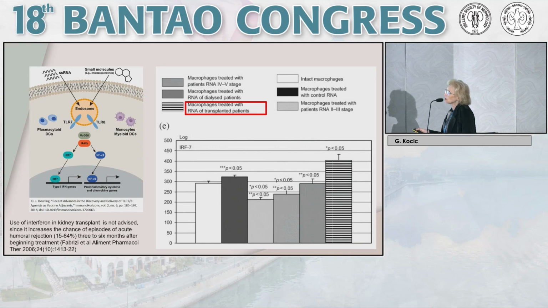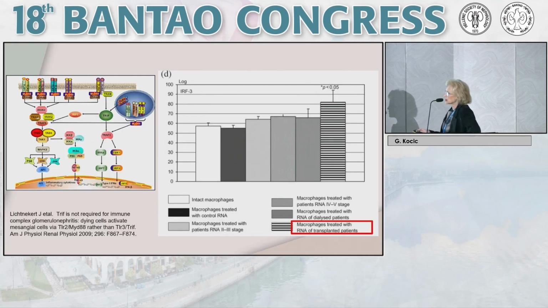At first sight, we thought it was very good, but when we found some literature data, we found that patients have already been treated with interferons, but the effect was not as expected because they induce some humoral rejection of the allotransplant of these patients.